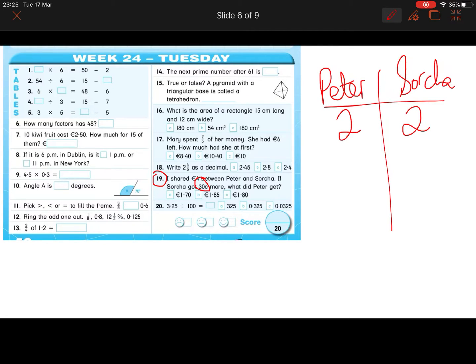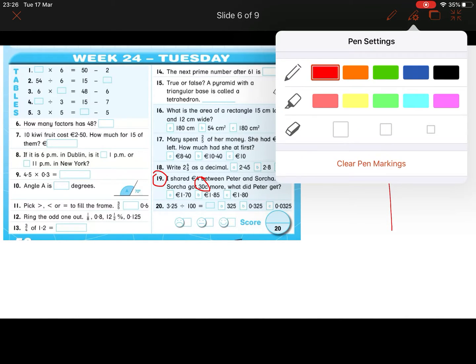So you're going to divide that 30 cent more by 2, and you're going to add half of it on here, and you're going to take away half of it there, and that will give a total of 30 cents. So what's half of 30? Add it on there and take it away there. The rest of that I think you'll be okay with.